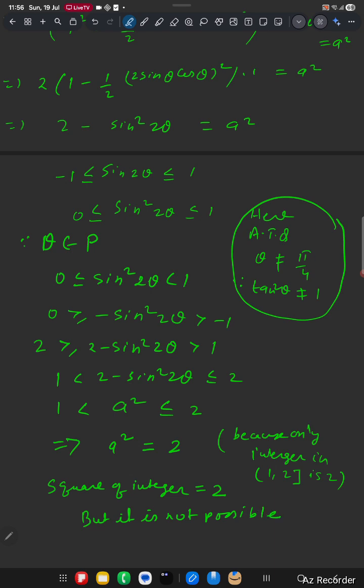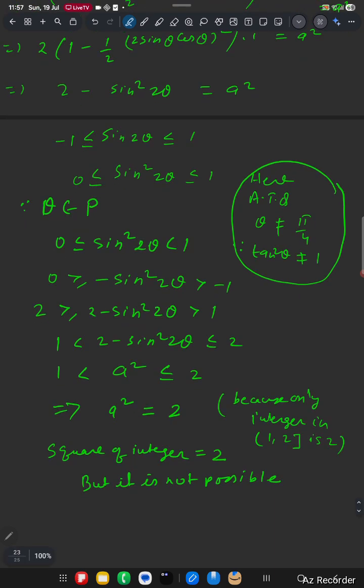The square of any integer cannot be equal to 2. 1 square is 1, 2 square is 4, 3 square is 9, and so on. So we can conclude that there is no integer a whose square is 2.